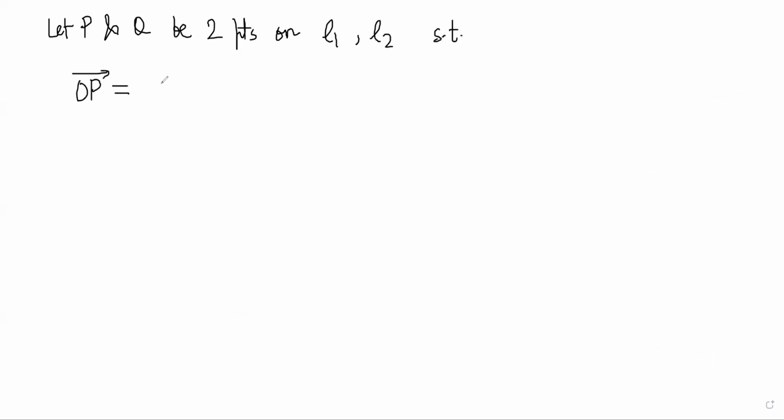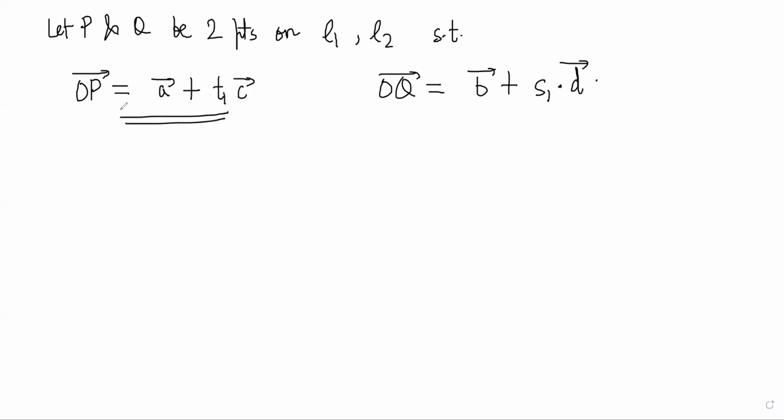Let P and Q be two points on L1 and L2 such that we can say OP vector would be A plus T1 times C, and OQ vector would be B plus S1 times D, right? So this P lies on line 1, and this Q is on line 2, right?